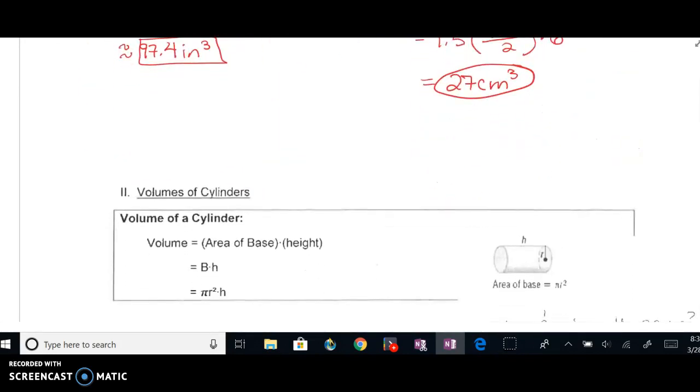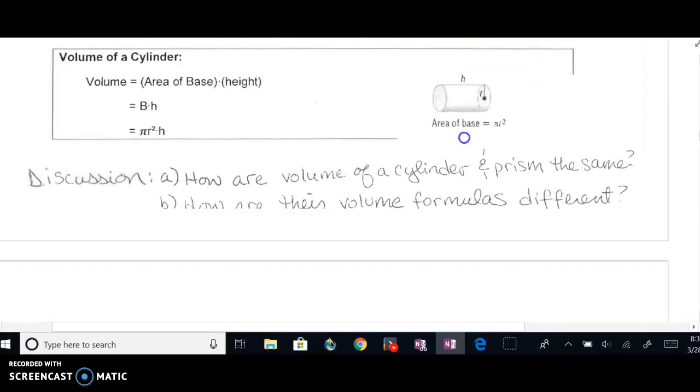Okay, moving on to a cylinder. You've got, again, base times height, same stinking formula. The only difference is on a cylinder, every time your base is a circle. So every stinking time your base is going to be pi r squared. So how are the volume in a cylinder and a prism? They're the same.